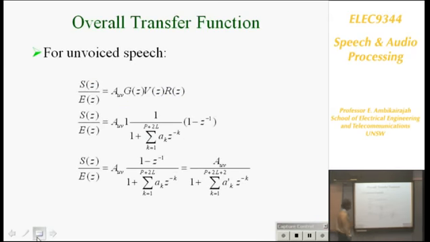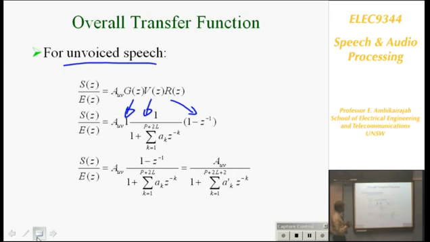Now you can do the overall transfer function. What I have done here is, I'm looking at unvoiced speech. For unvoiced speech, the glottal is equal to 1. Remember, there's no glottis. It's open. And then you've got R(z).